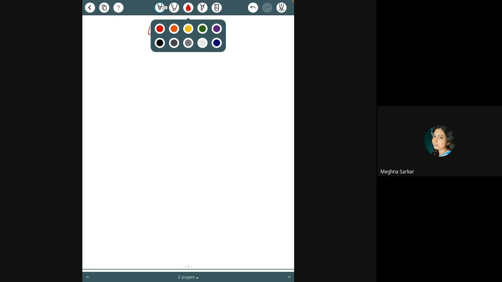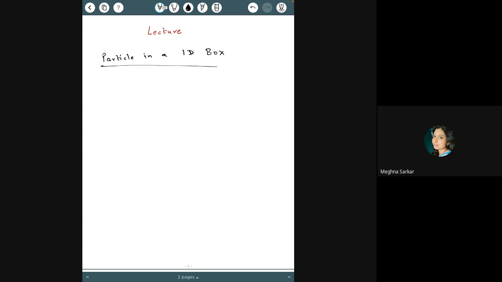Okay. So let's start first with the particle in a 1D box. So what do I mean by a particle in a 1D box? It means that I have a particle which is constrained to move along a line between 0 and some length a.